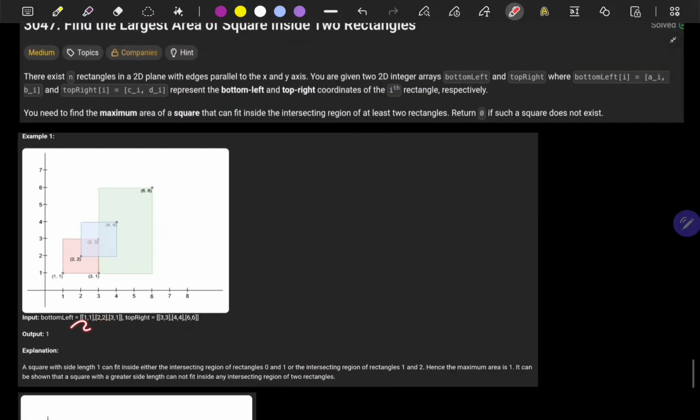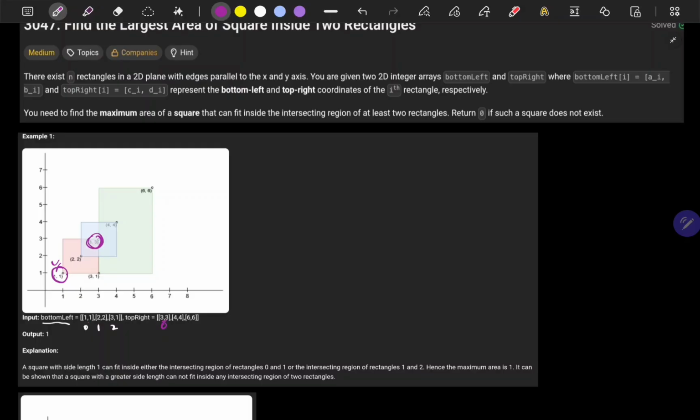So let's say this is bottom left. The ith rectangle means 0th rectangle, first rectangle, second rectangle. For the 0th rectangle, this is the bottom left corner, and corresponding to the 0th rectangle, this is the top right corner coordinate.